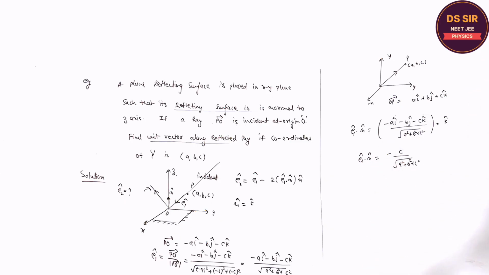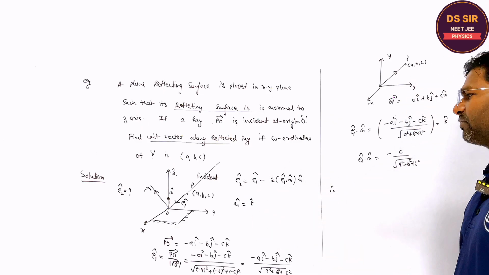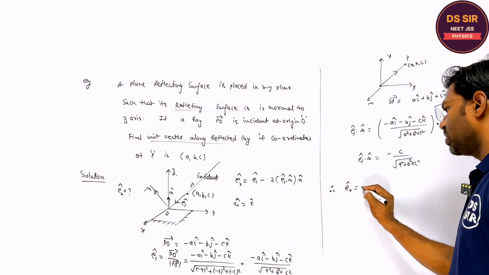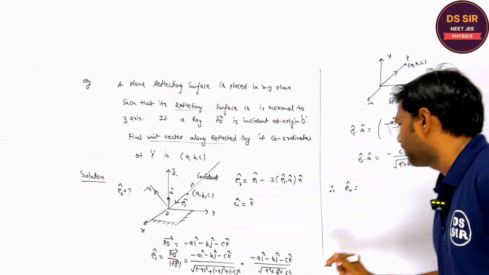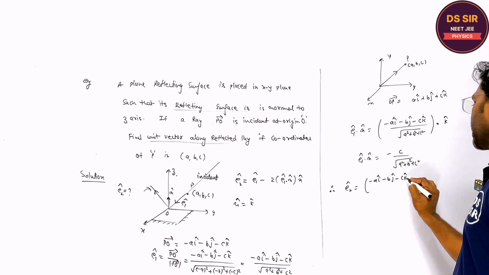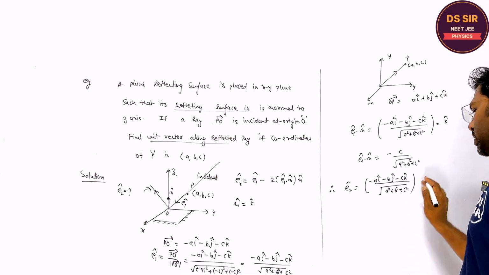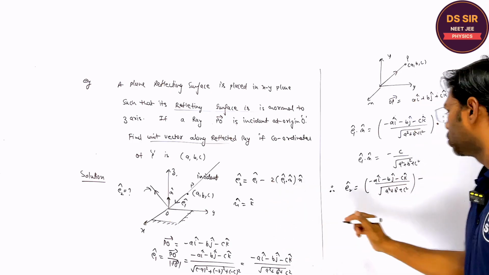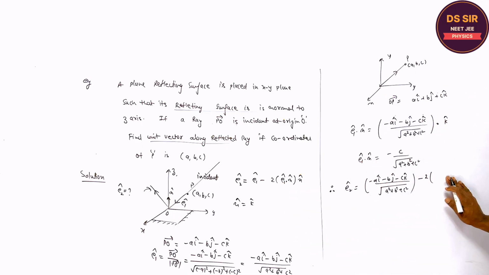Fine. So listen one more thing. Now we can put here the unit vector in the direction of the reflecting ray, this is e2, and the incident unit vector is e1. What is the e1 cap? e1 cap is minus a i minus b j minus c k cap divided by root over a square plus b square plus c square, minus 2 times the dot product e1 dot n cap, which is minus c upon root over a square plus b square plus c square.